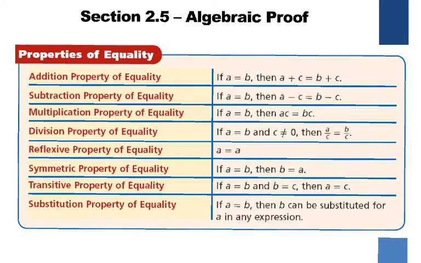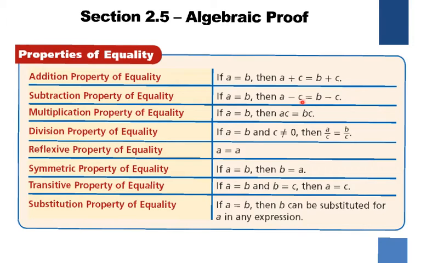Alright, here are our properties of equality. We have the addition property of equality, which states this right here. It says if A equals B, then A plus C equals B plus C, meaning we can add the same value to both sides of our equation, and it doesn't change much of anything. It just adds two of the same things to both sides of the equation. Same goes with subtraction.